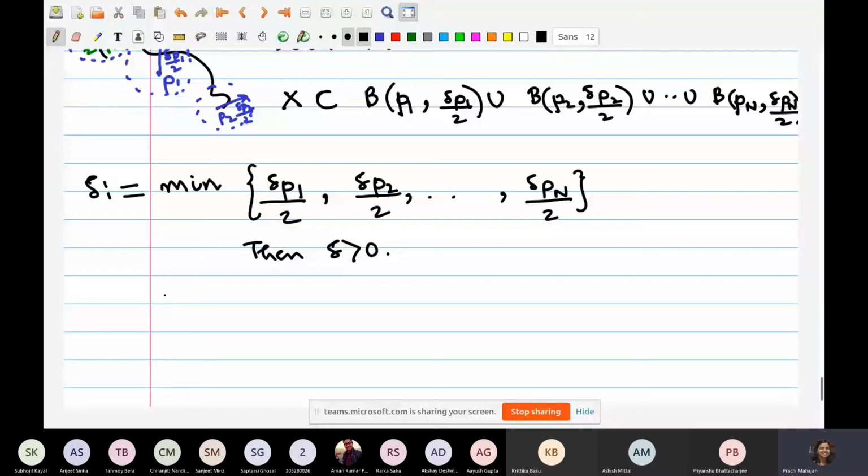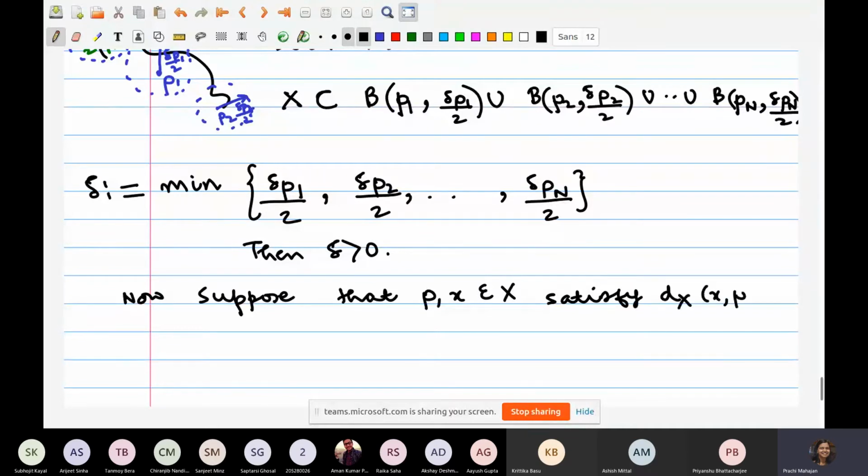So now I'm trying to convince you that this is indeed the thing that we have been looking for. Let's suppose that I have points in X which are at most delta distance apart. What do I have to show? I have to show that f(x) and f(p) are also at most epsilon distance apart.